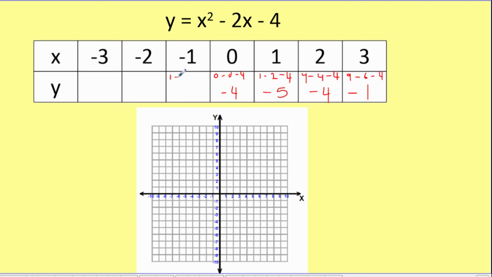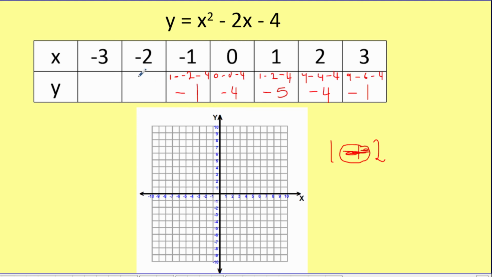Take away, oh sorry, minus 1 times 2, which is minus 2, take away 4. So 1 minus minus 2, 2 minuses make a plus. So 1 plus 2, which is 3, then take away 4 is minus 1.